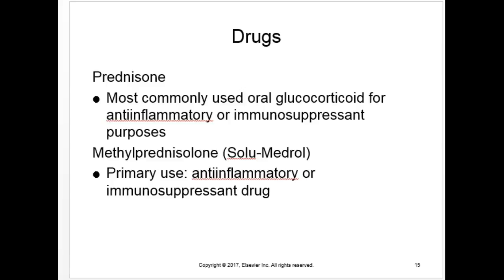That's the most commonly used injectable glucocorticoid drug. So prednisone is the most common pill. Solumedrol is the most common injectable, and it's used for the same things. So they're used mostly for chronic respiratory illnesses or bad anti-inflammatory issues.